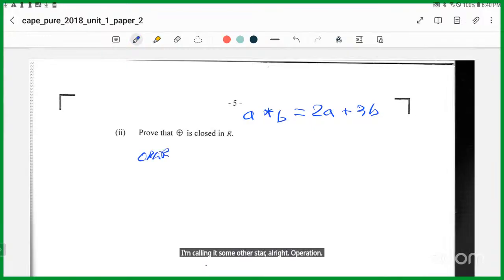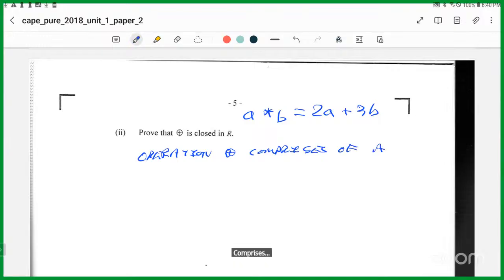Operation, let's write it, circle with a plus, comprises of addition, which is the plus, and multiplication, which is a multiply.